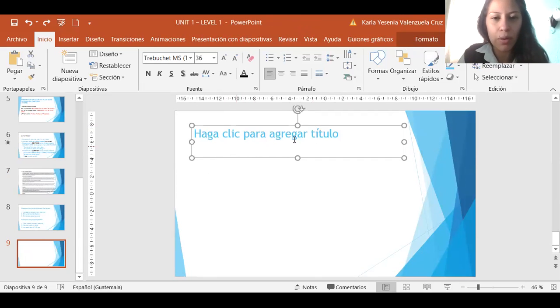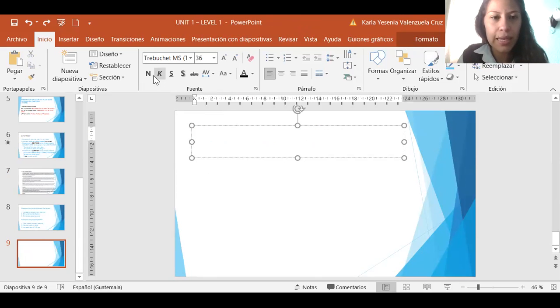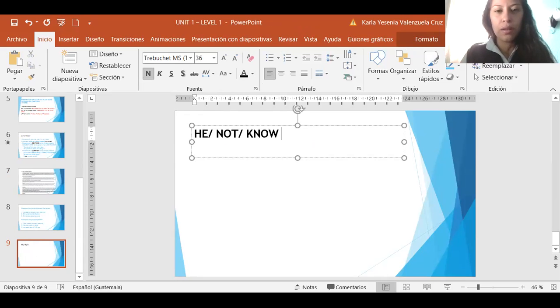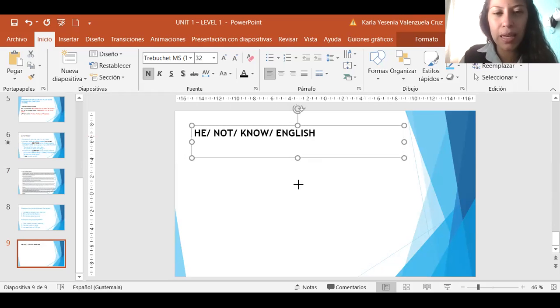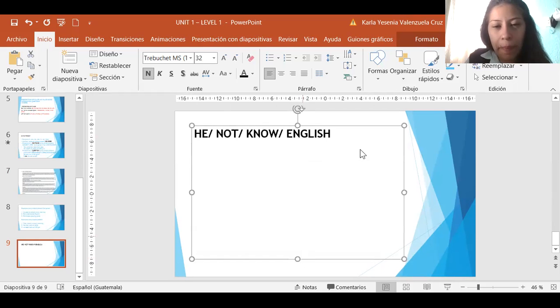Entonces, vamos a ver algo ahorita en esta parte, ¿ok? Y había un ejercicio que decía, he, not, por ejemplo, esta era mi oración, ¿sí?